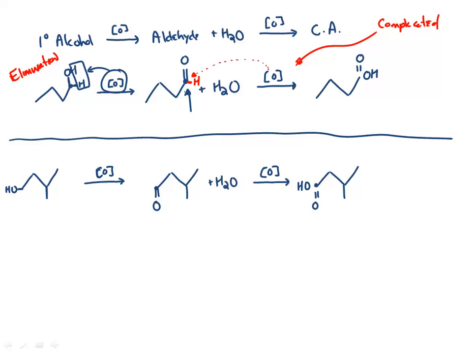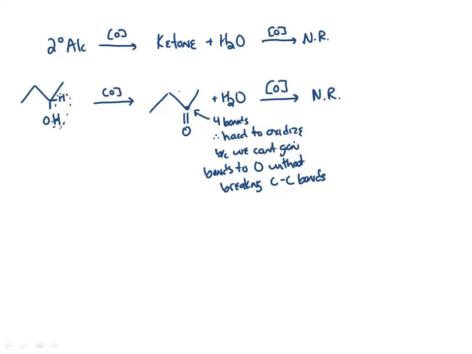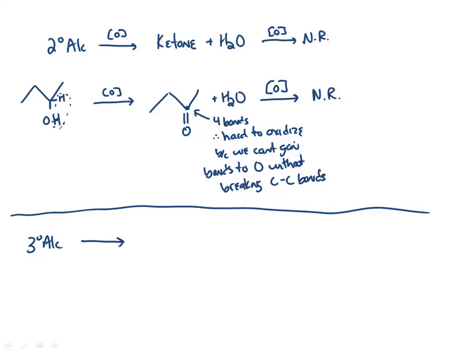And if you look at the secondary one, since there's 4 bonds here, 1, 2, 3, 4, there's no bond to hydrogen to break. So I phrased that poorly. And if you take a look at it, then you can certainly see why a tertiary alcohol can't react or can't be oxidized.